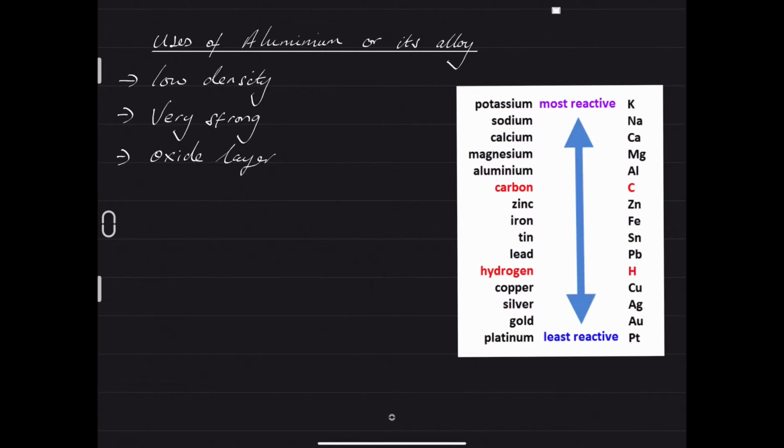Now this is important because carbon cannot be used to extract aluminium, whereas carbon could be used to extract the metals below it, but carbon cannot be used here to extract aluminium. So can we just put down: carbon cannot be used to extract aluminium.